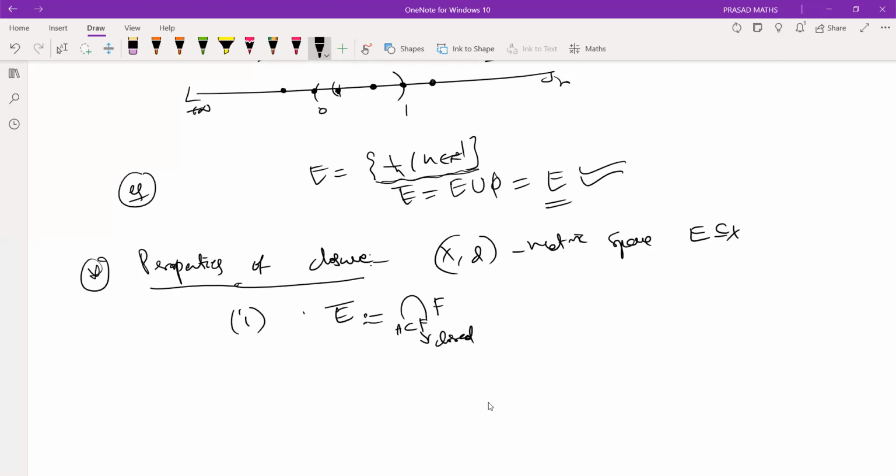Actually, this is the definition in topology: the closure of the set is the intersection of all closed supersets of A, each F closed and a superset of A.